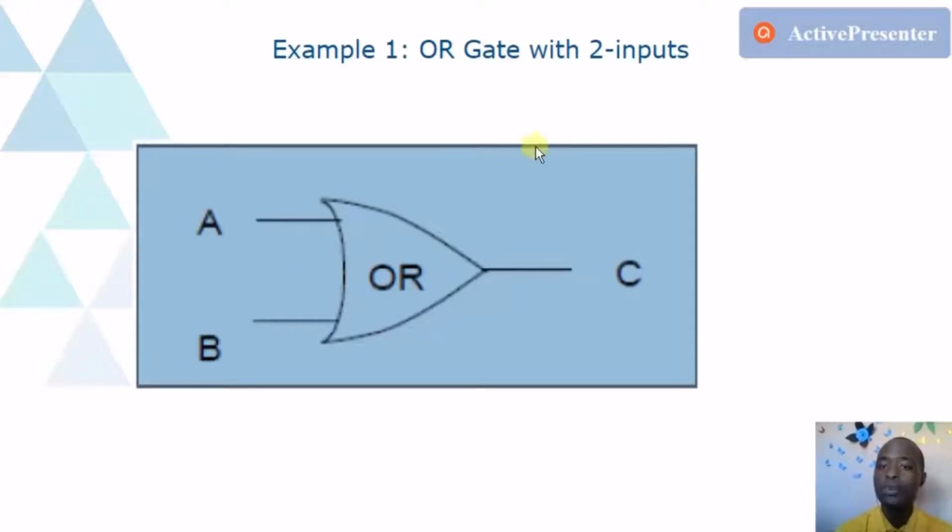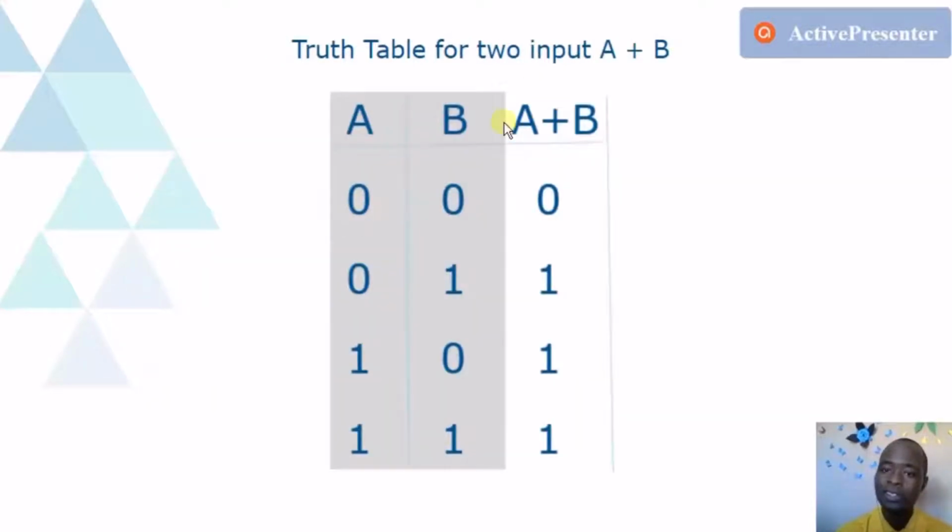Example 1: an OR gate with two inputs A and B and an output C. On the result that we have there, we represented our output using A plus B. Now we have two inputs, A and B, and the output is A plus B. How did we come about these four digits? It's very important we pay attention to this.